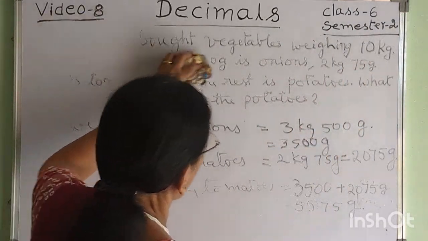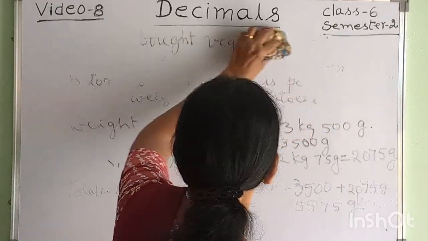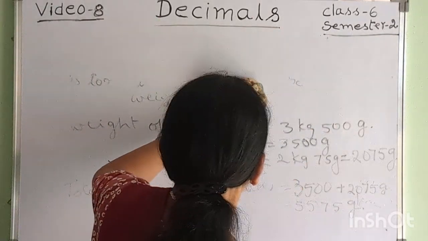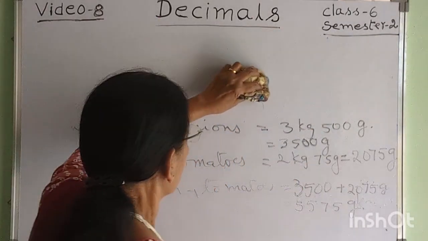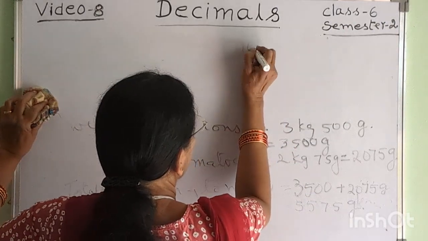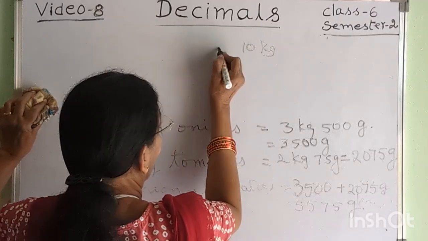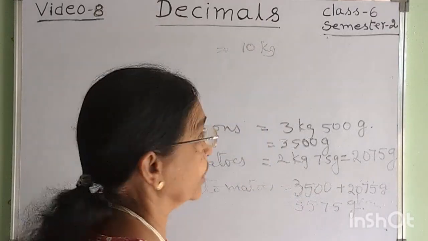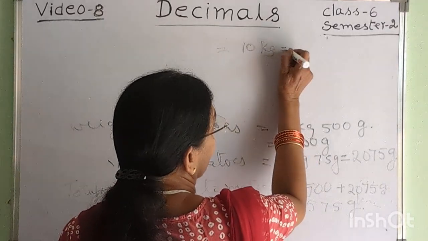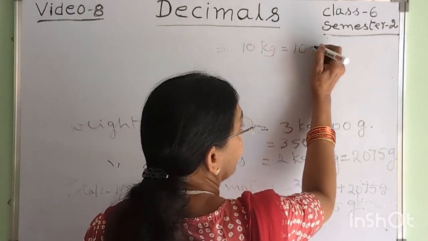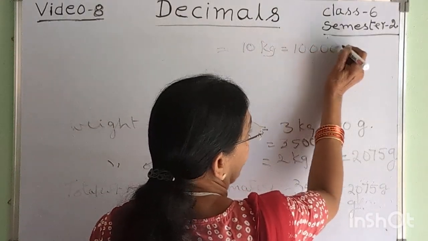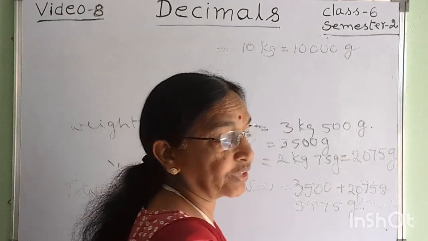Akash bought vegetables weighing 10 kilograms. So the total weight of all the vegetables is 10 kilograms. So converting into grams, 10 into 1000, 10,000 grams total weight.